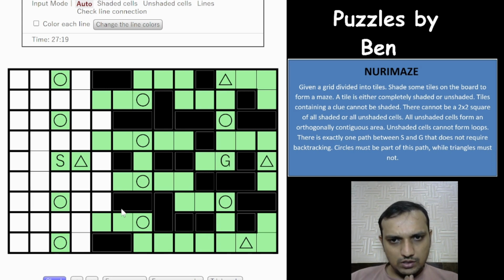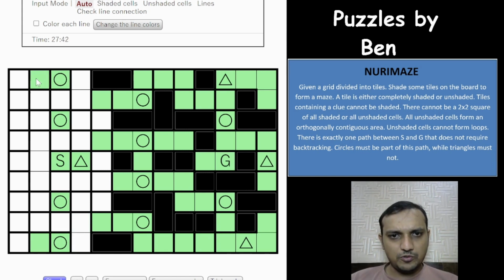Anything else we got here? For this circle, these two cells cannot be the path, so this would have to be the path.